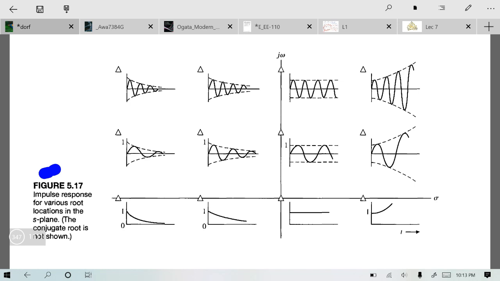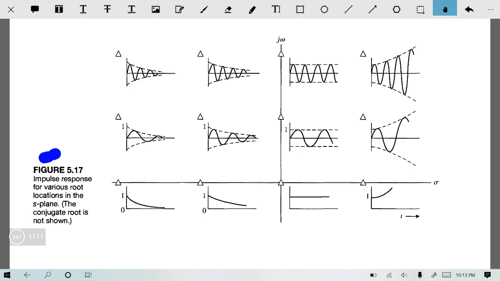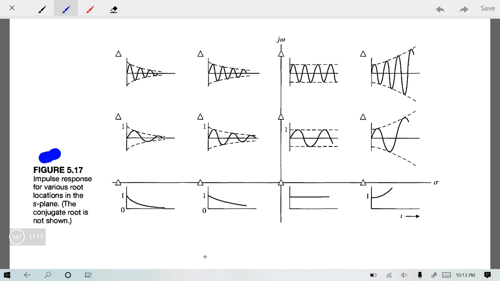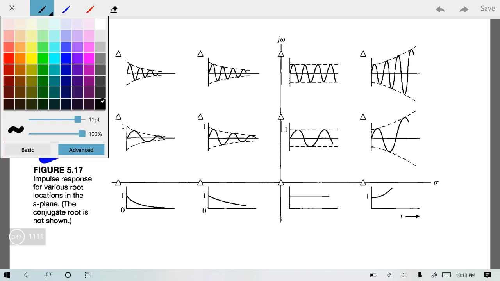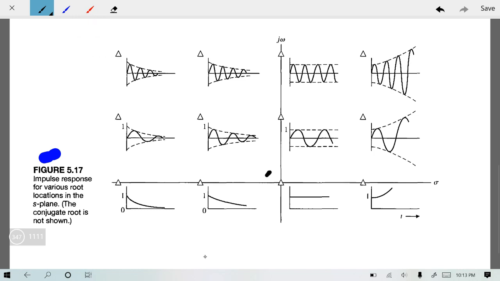So you can see that if there is a pole over here and another pole over here, then moving from right to left, the number of ripples is reduced. The system's settling time is reduced.